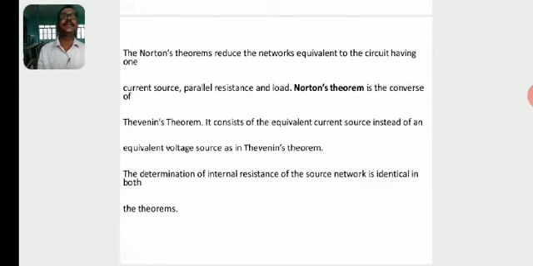Norton's theorem reduces the network to an equivalent circuit having one current source, a parallel resistance and a load. Norton's theorem is the converse of Thevenin's theorem. It consists of an equivalent current source instead of an equivalent voltage source as in Thevenin's theorem.